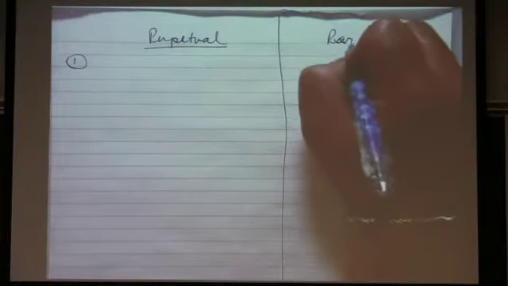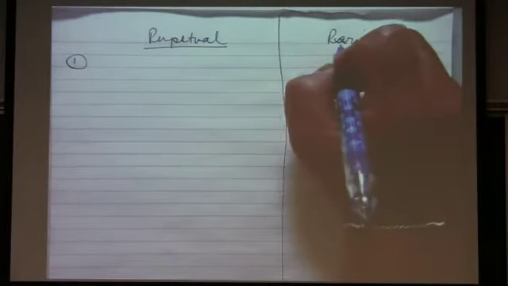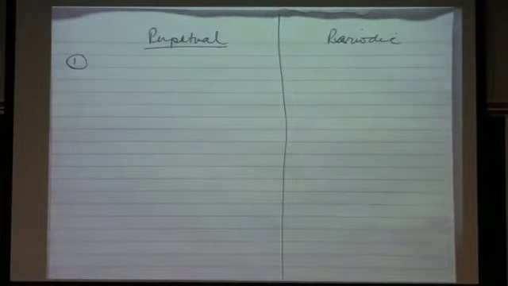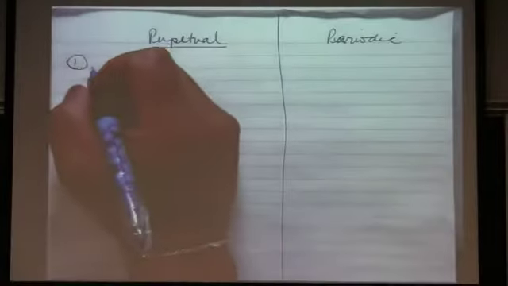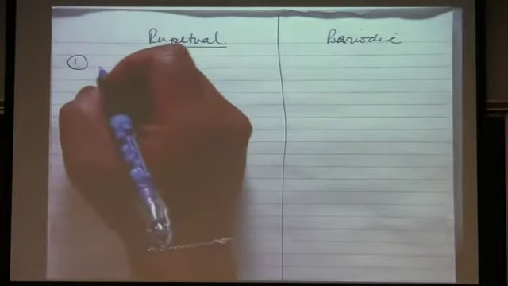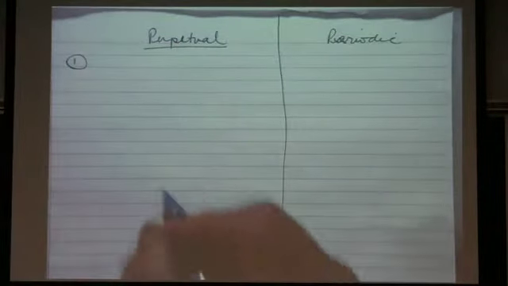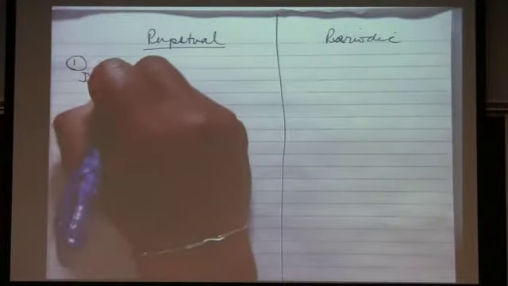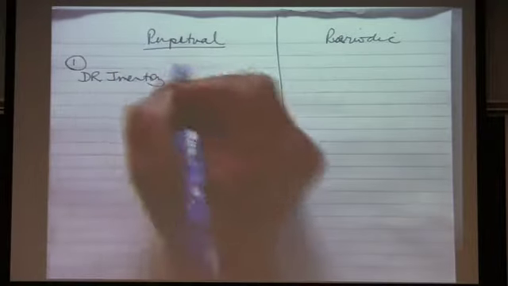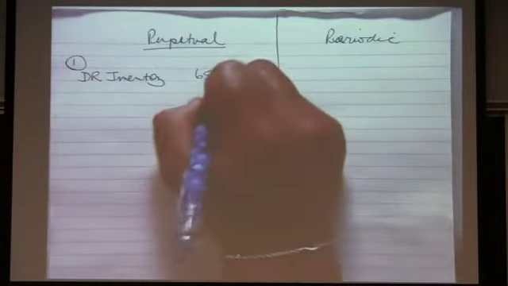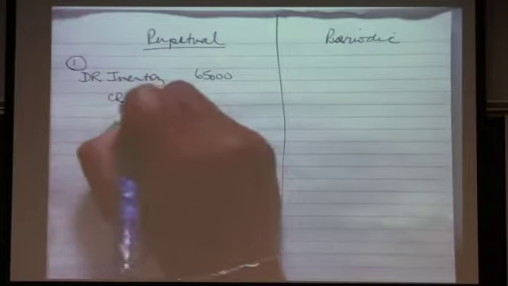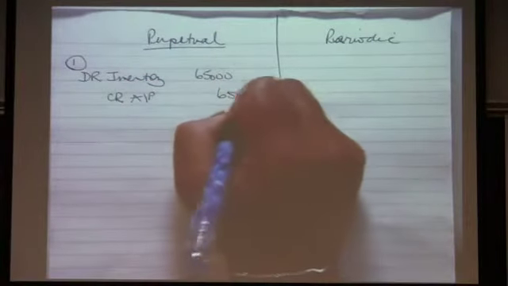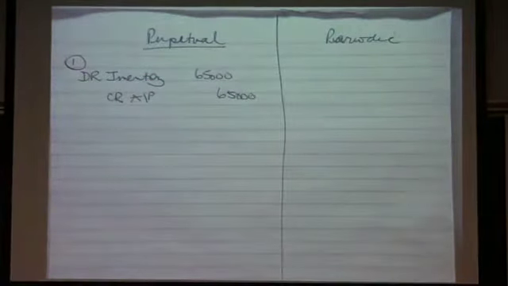The reason why we're doing this side by side is to show you the difference between the two methods of accounting for inventory. So on October 1st, they purchased merchandise on account. Under the perpetual, we're going to debit inventory $65,000, credit accounts payable $65,000, because it says on account.